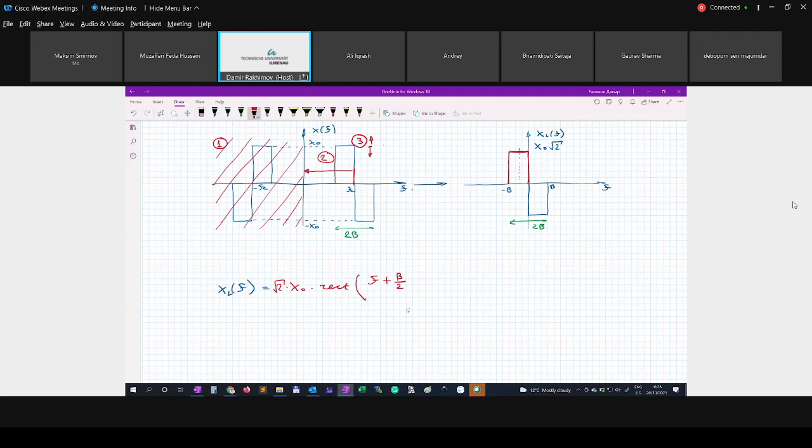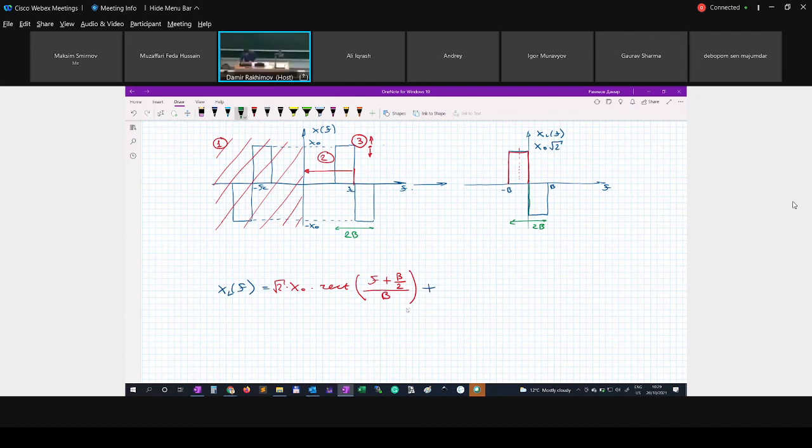And do we need to put anything else? We should put information about the range of this rectangular pulse. What's the denominator? Yes, B. So we divide by B.